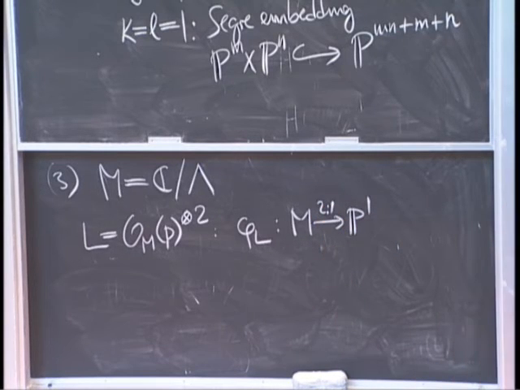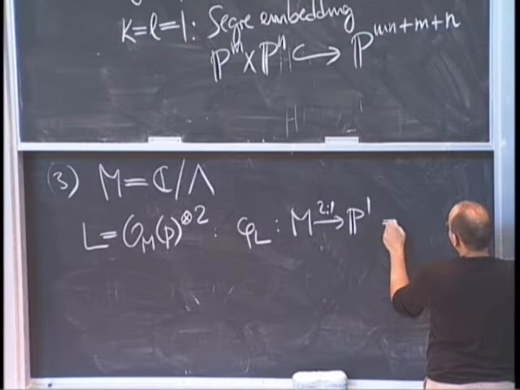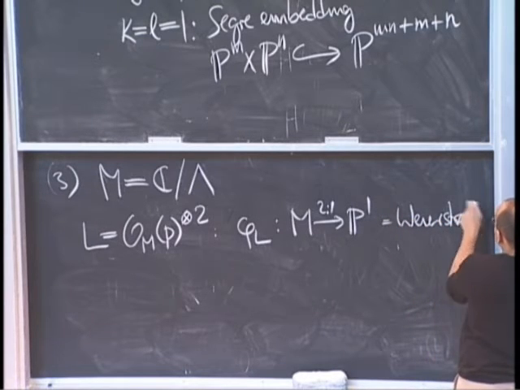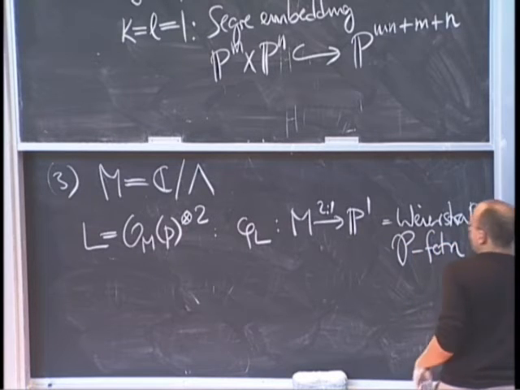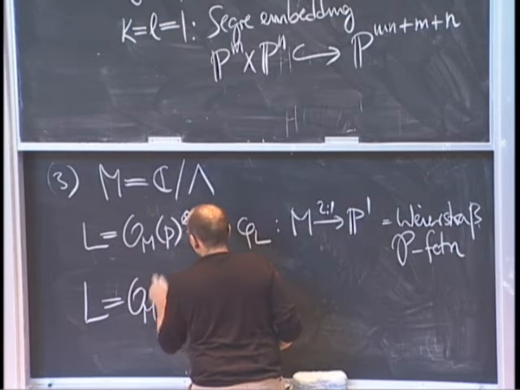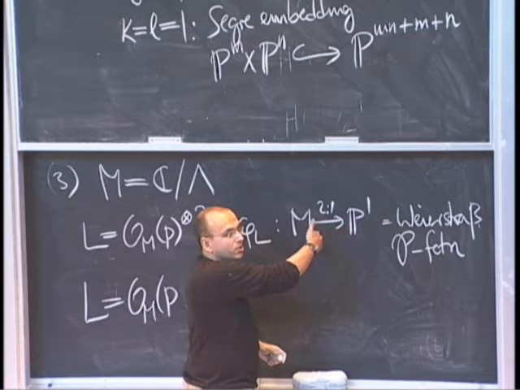You could say that that's a pencil. The image is P1, so it's just a meromorphic function, and this is the Weierstrass P function. It's an elliptic function. And if you take one more power, then the thing actually becomes very ample. I mean, this is clearly not an embedding; it's a branched degree 2 cover.